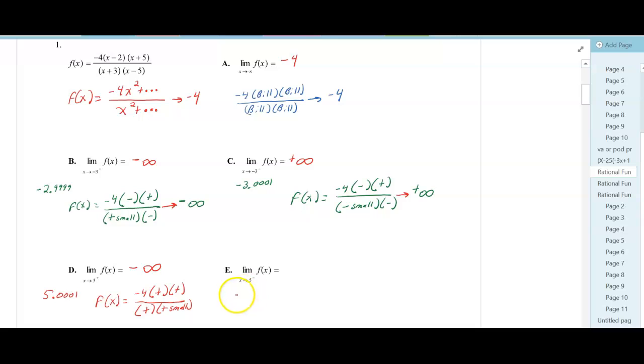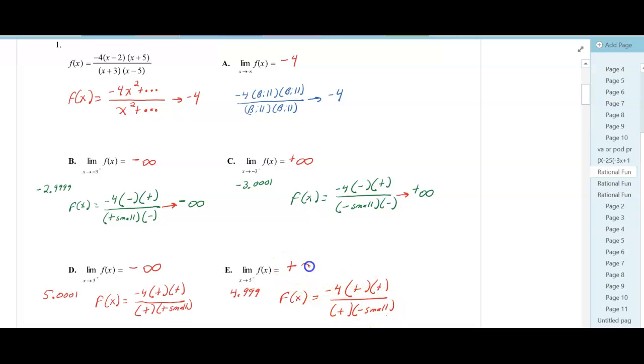As you approach 5 from the left, so you're plugging in 4.999, what's happening to f of x? You have negative 4 times a positive times another positive, divided by a positive and then a small negative. So the two negatives are going to make a positive, divided by a small number.